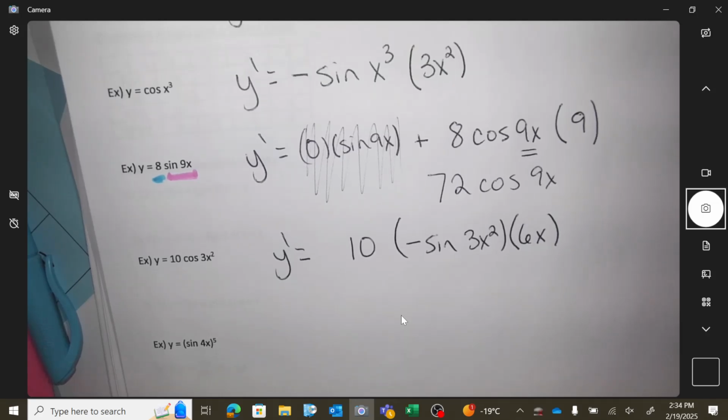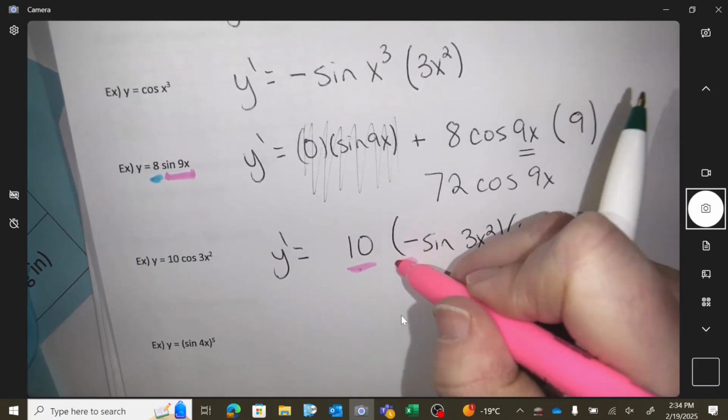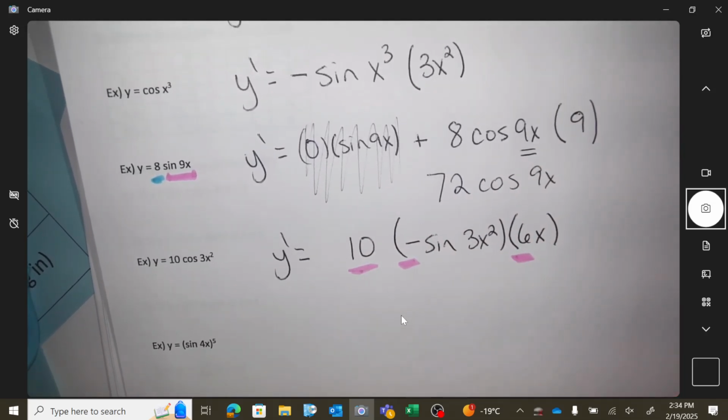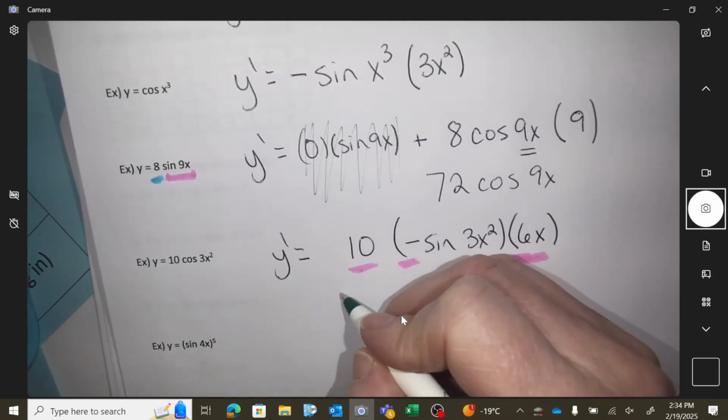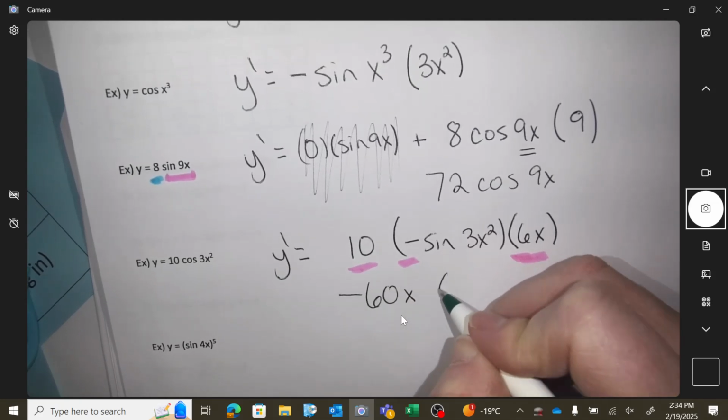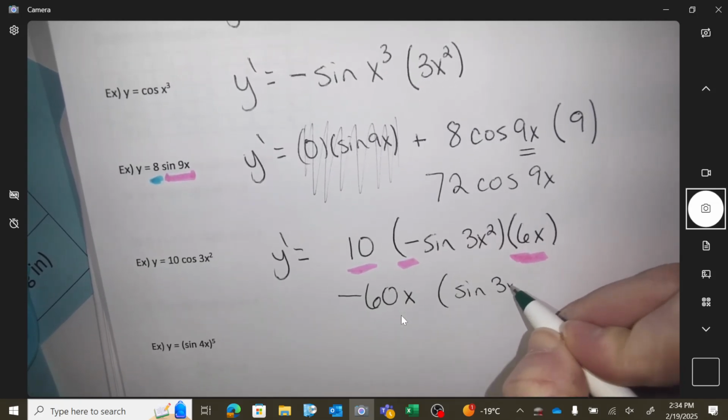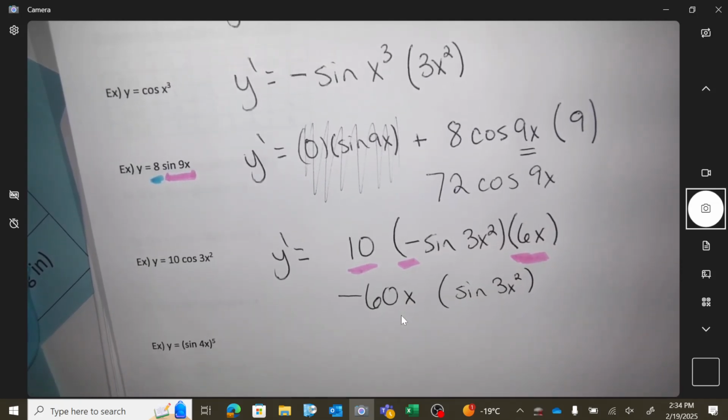Okay, you probably would see my answer a little bit simplified here. I would put maybe like that together or something in the front. So 10, negative 1, 6, I would go negative 60x. I don't know. You might see my answer key something like that.